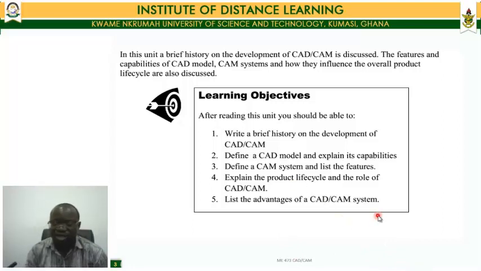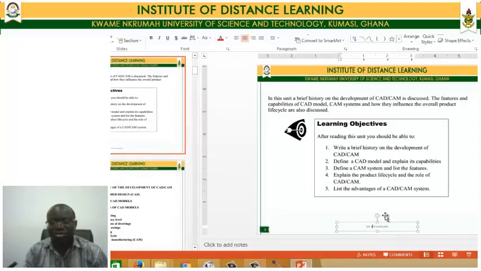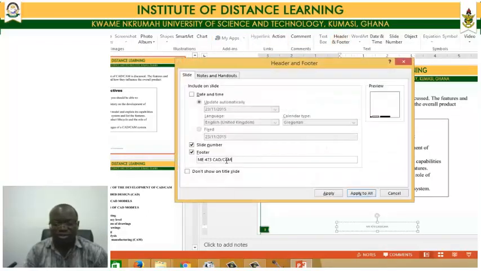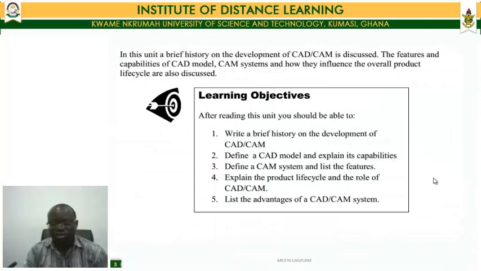We should be able to define what a CAD model is and explain its capabilities. We should also be able to define a CAM system and list its features.